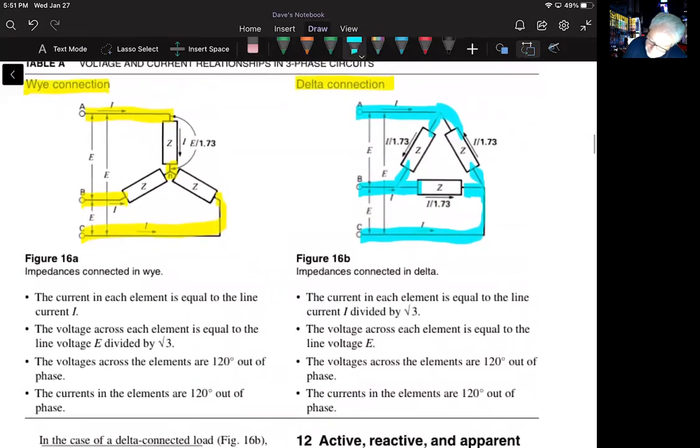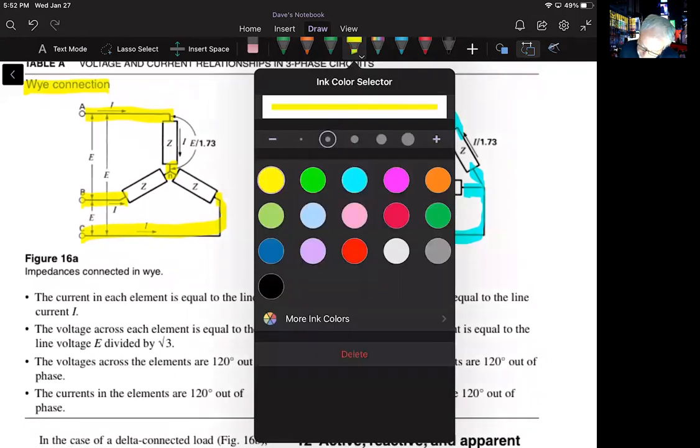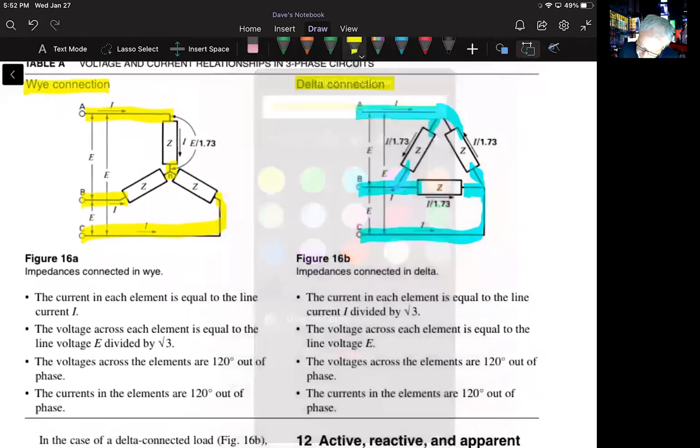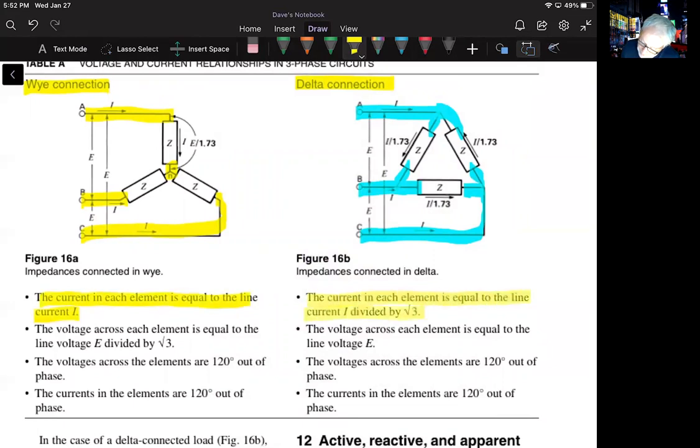What's neat about this is the table that gives us these relationships. When I'm looking at current in a Y connection, it's the same in each element.